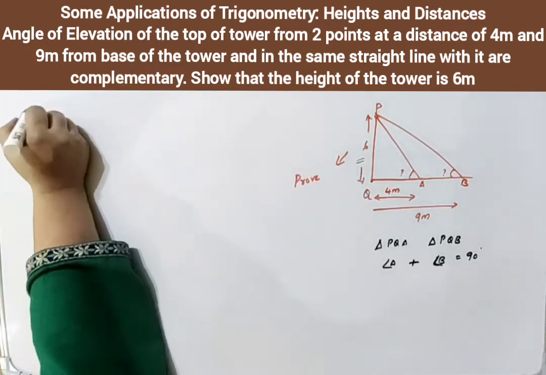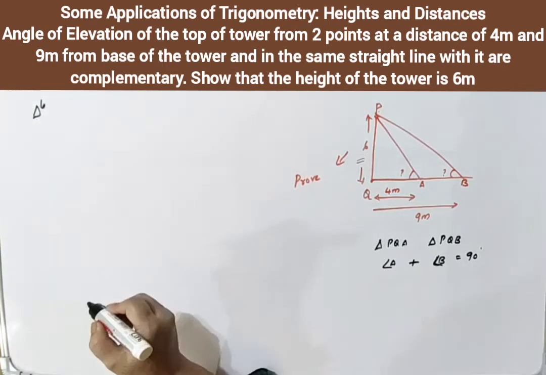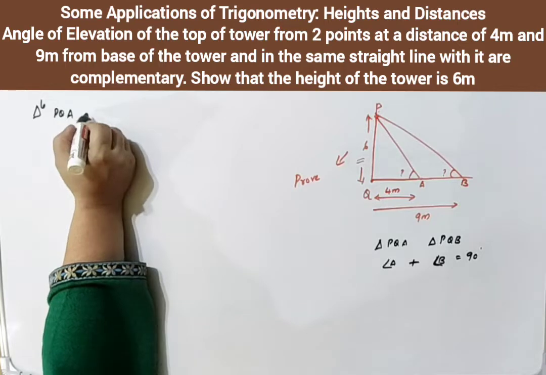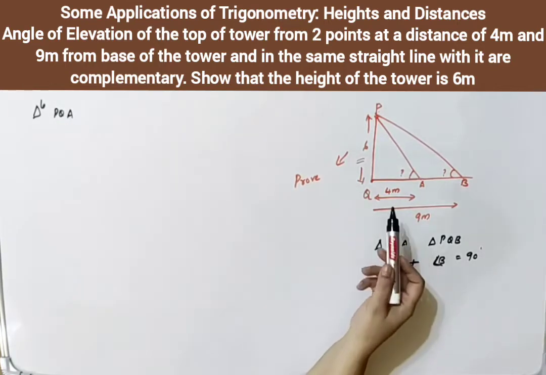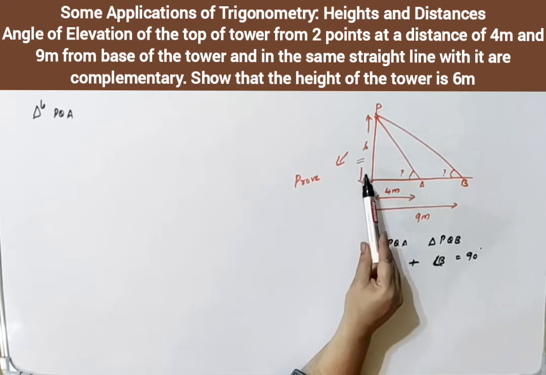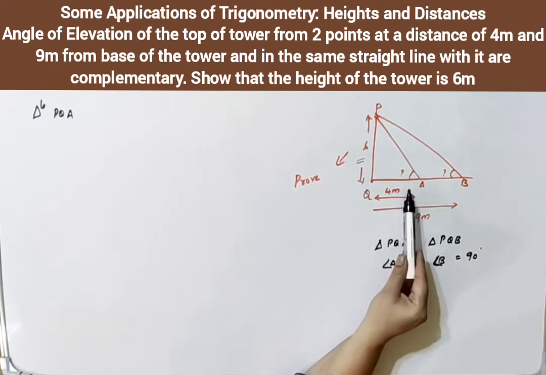Now, let's take the first triangle, triangle PQA. We'll have to use the tan formula because we have to prove the height, which is nothing but the side opposite to the angle, and the adjacent side is already given.